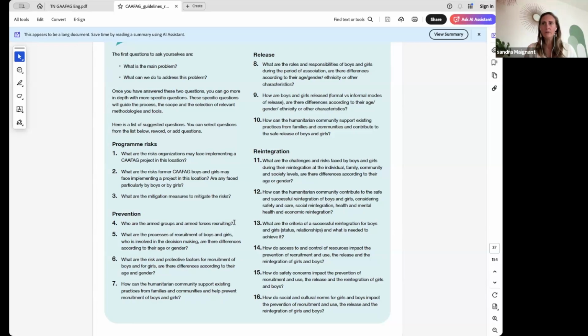Regarding the social reintegration of children, it is embedded here. The challenge, the risk here, is quite often that the issues they face are about social reintegration. So actually there are lots of tools, including tools to collect data with CAAFAG. You have two tools. One is a workshop that you do with former CAAFAG. There are a number of criteria to organize this.